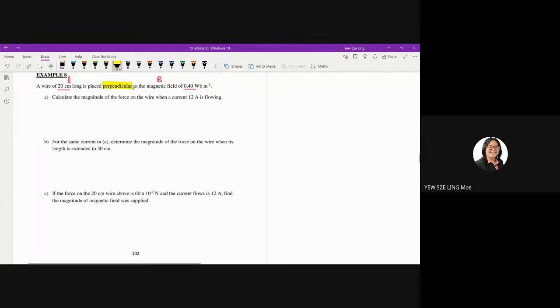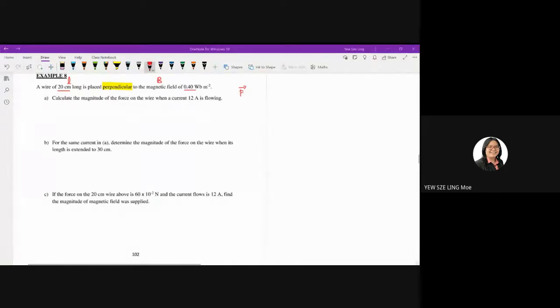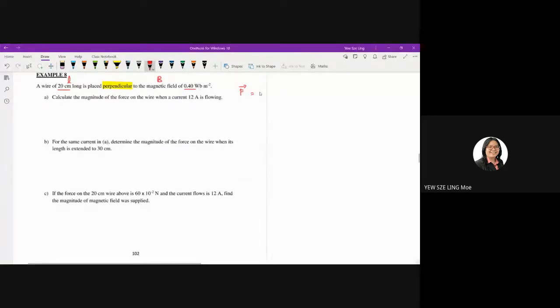Now, perpendicular, look at the equation once again. F equals I l cross B. If you calculate the magnitude, F equals ILB sine theta.